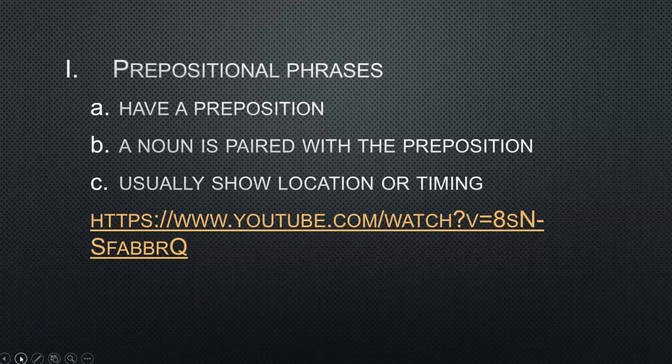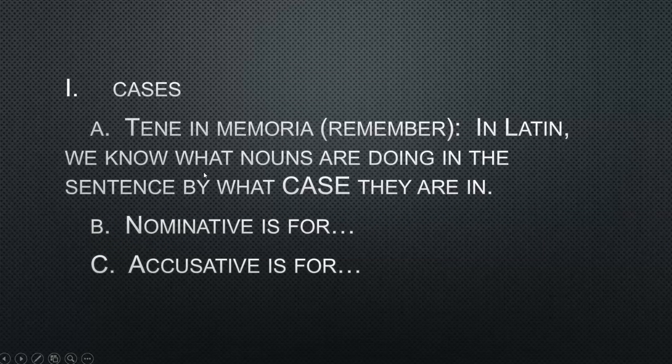There are tons of these in both Latin and English, so we'll just learn them as they come to us. Well, what does this have to do with Latin? Well, it has to do with cases. Tenere in memoria, which means literally hold in memory or remember. In Latin, we know what nouns are doing in the sentence based on what case they are. So remember, nominative is subjects and accusative is direct objects.